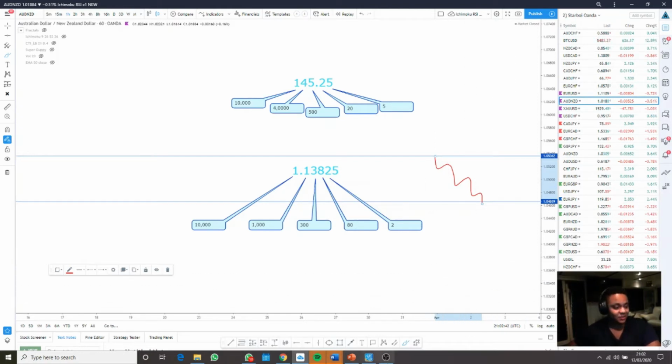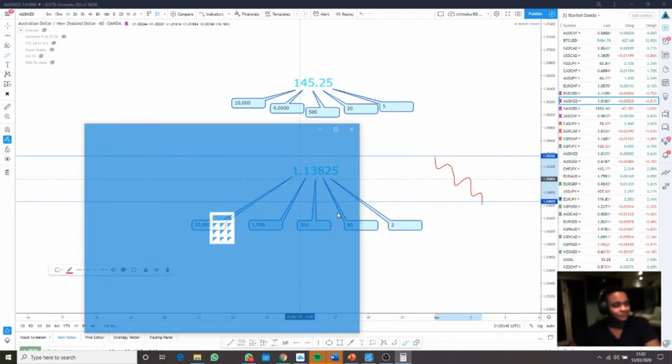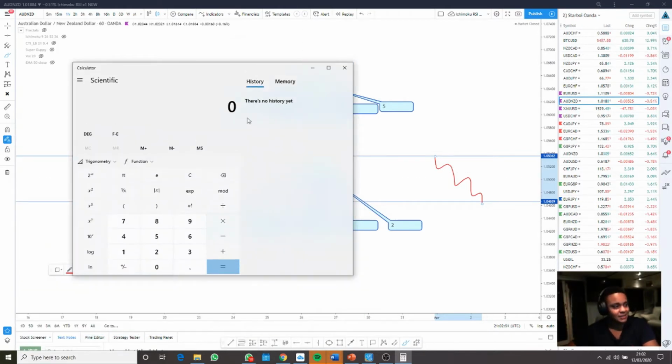So let's put this into action. Let's get the calculator up, and I'll show you how to do this one. Say we have 1.0536 minus 1.0465, which equals 0.0071.